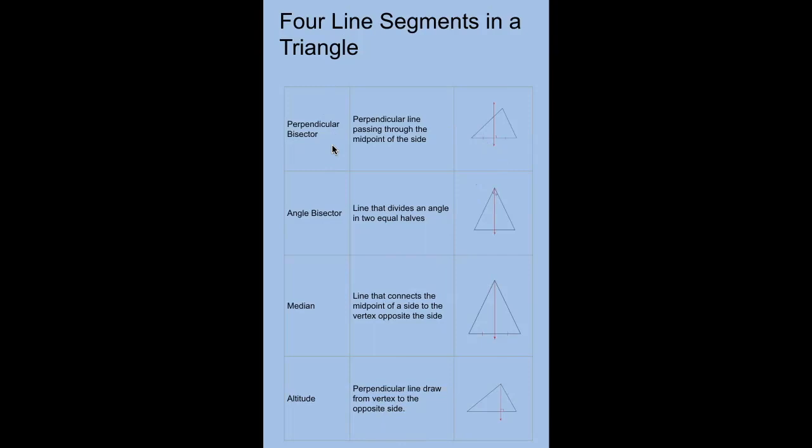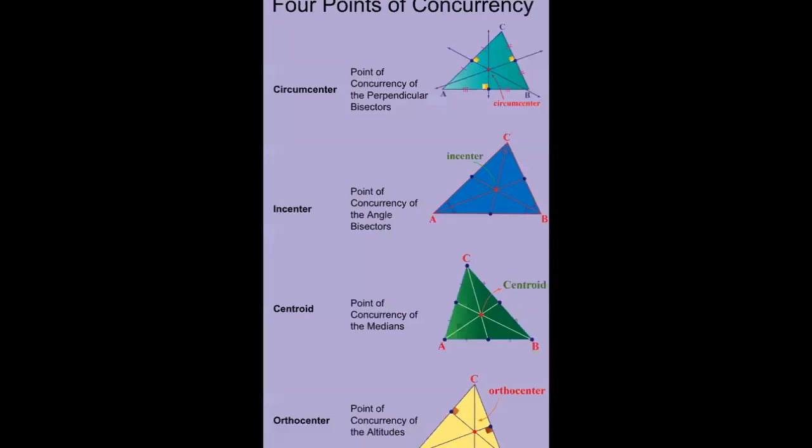We're now going to take these 4 segments and talk about how they're used in points of concurrency. Points of concurrency mean places where lines meet up. In a triangle, the circumcenter is defined as the point of concurrency for the 3 perpendicular bisectors.